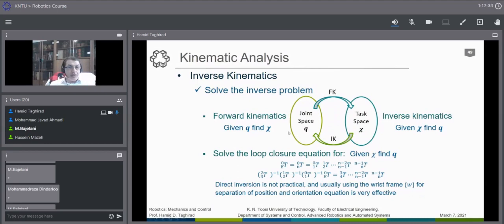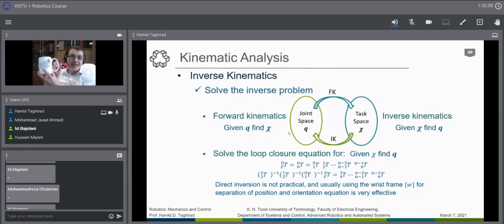Why is it important? Let's first think about where we use it. Suppose this cup is here. Of course you cannot see it, so I should put it here to have it in the picture. This is the Case Western cup.